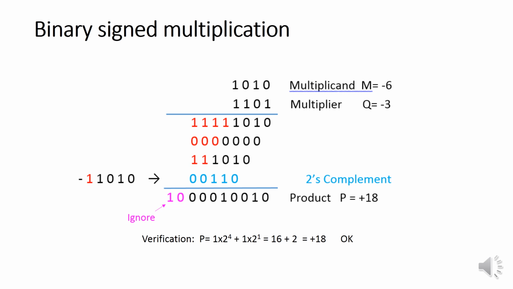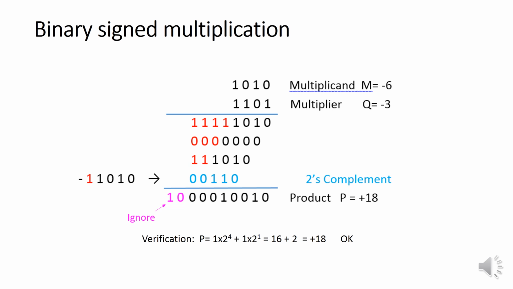The reason is that to get this last partial product, we have used the sign bit of the multiplier, and in this case the sign bit represents the negative sign, and so the partial product we obtain carries the negative sign.